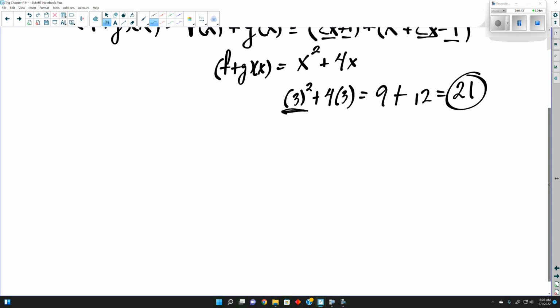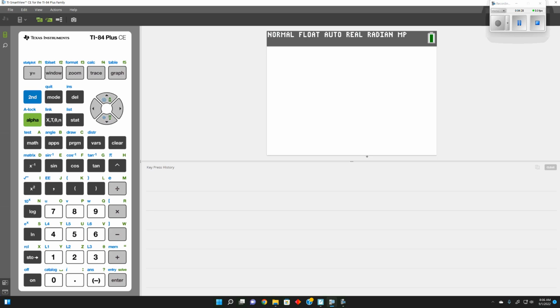If we'd evaluated this for negative 3, so negative 3 squared plus 4 times negative 3, and I were to type this into the calculator, we know that negative 3 squared is going to become what? Positive, yes? So when I type it in as 3 squared plus 4 times negative 3, I know it's going to come out positive, yes?